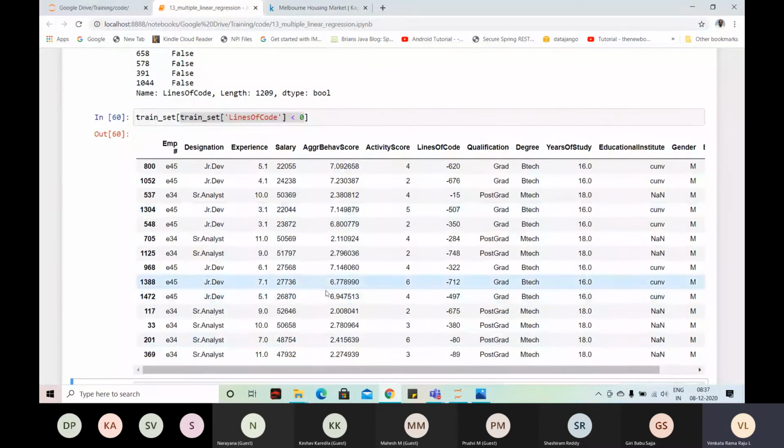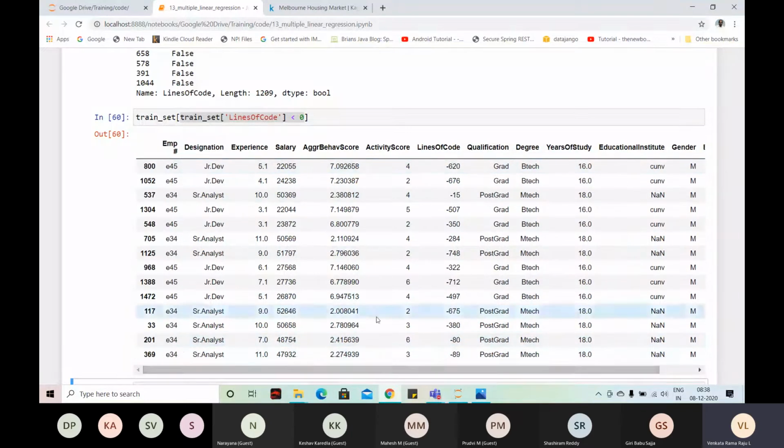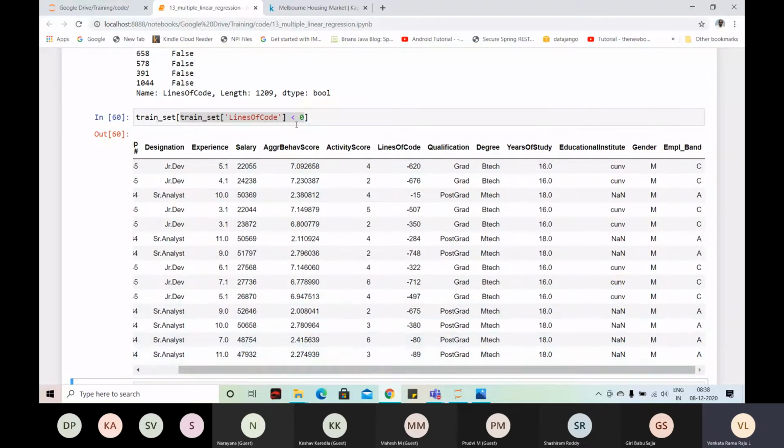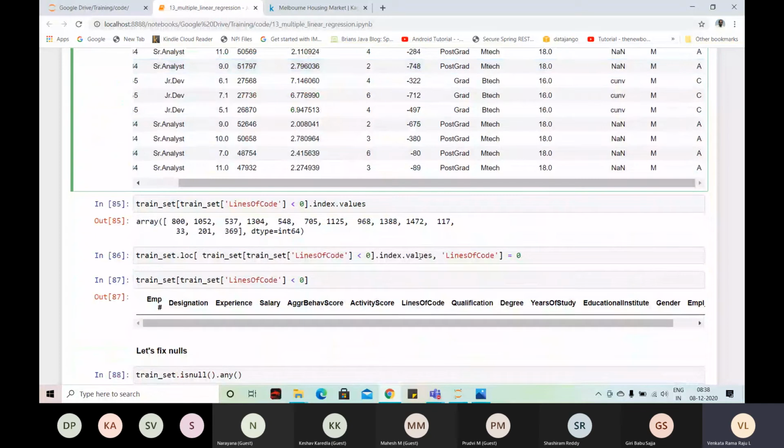See that? In all these records, we have lines of code negative. That means it is a data entry error; the application which collected this data did not collect it properly. So this is exploratory data analysis. We are trying to see problems with the data, and when we find the problems, we'll fix them.